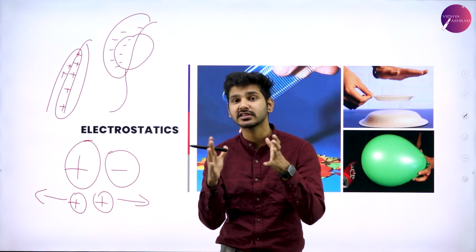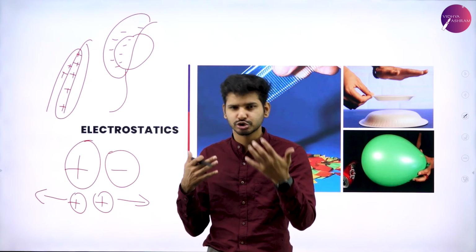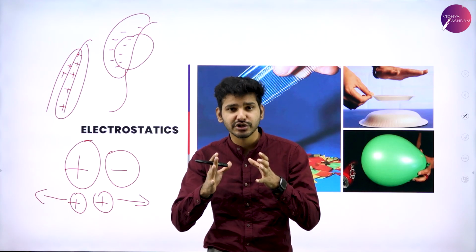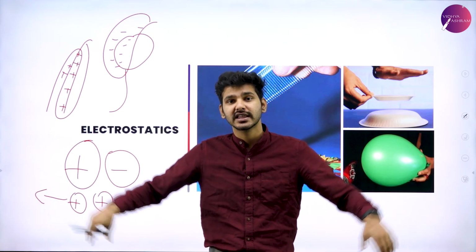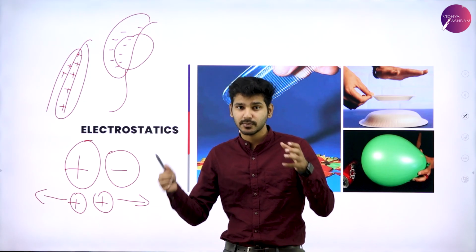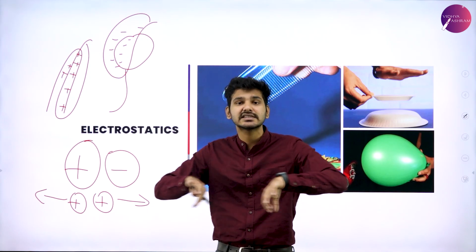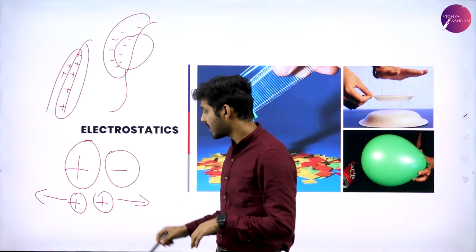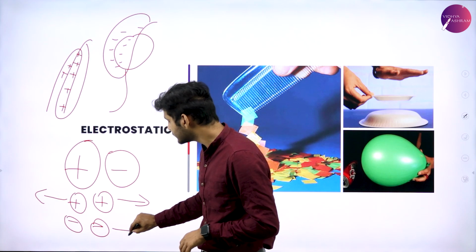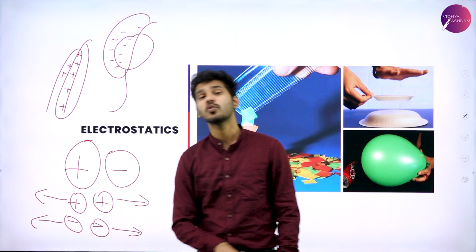You cannot bring them close to each other. It's like those two friends who would never bond. When you try to bring them close, they just want to move away. That is how similar kinds of charges behave. When two positive charges are brought near each other, they just want to move away. And when negative charges are brought near each other, they also want to move away from each other.